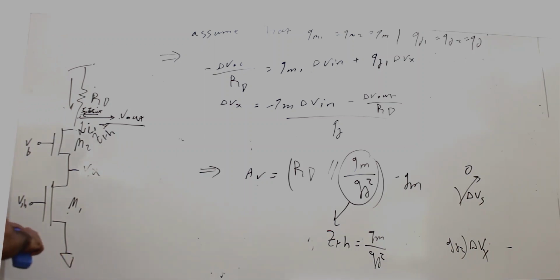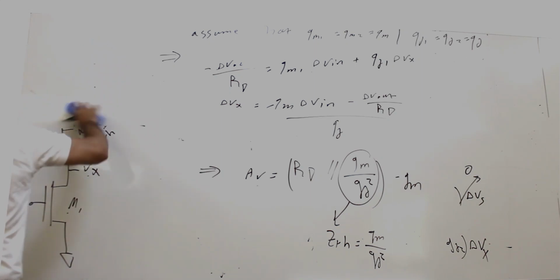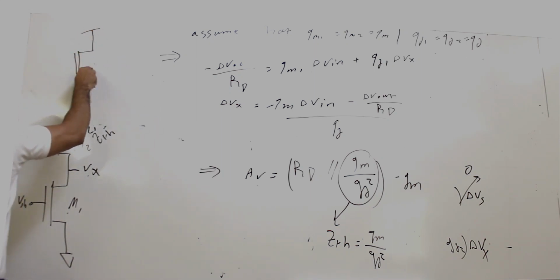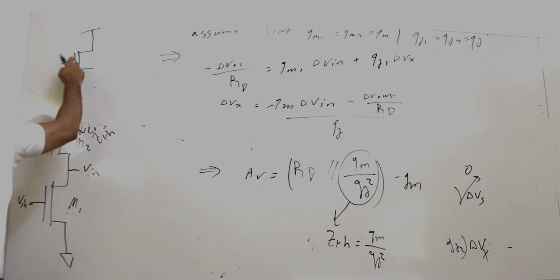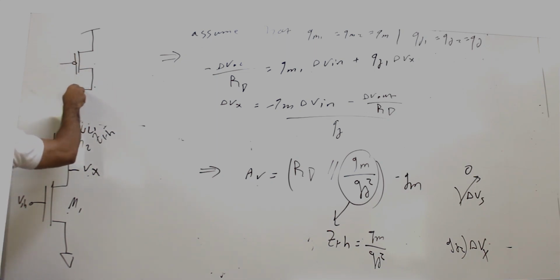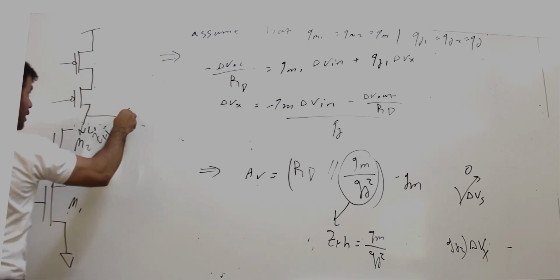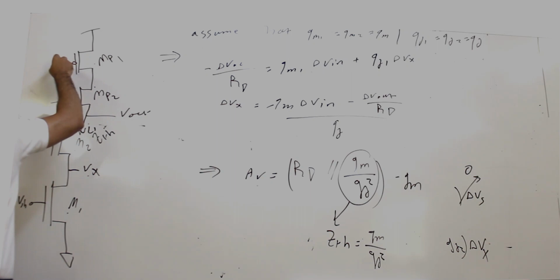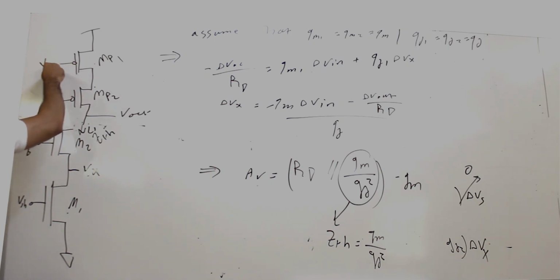If we take the full cascode system with this one, the MOSFET, and this is the output. This is B2 and B1, and this is VB2, and this is VB2 as DC value.